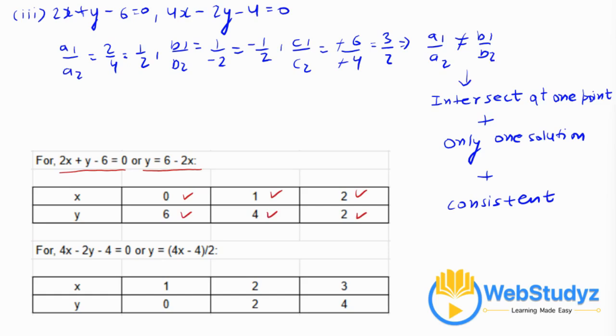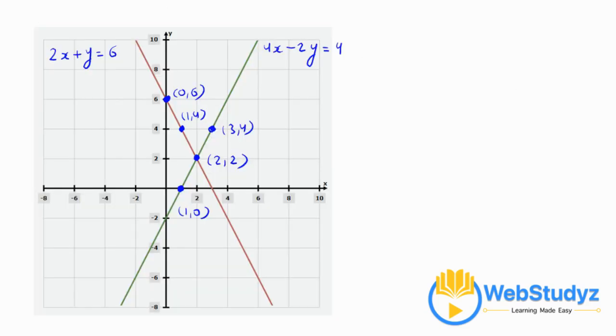Similarly, for the second equation, if we write it as y equals (4x minus 4) by 2, and put the value of x as 1, 2 and 3 in this equation, we get the value of y as 0, 2 and 4. So using this information, we can plot the graph.